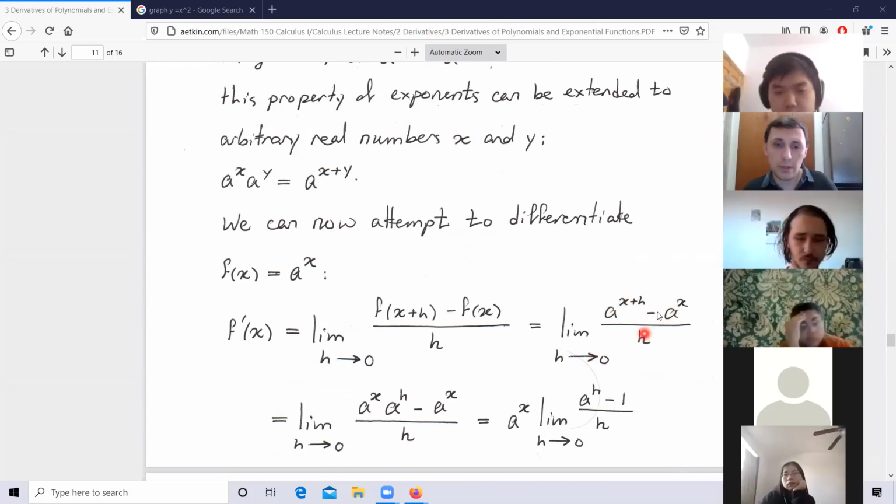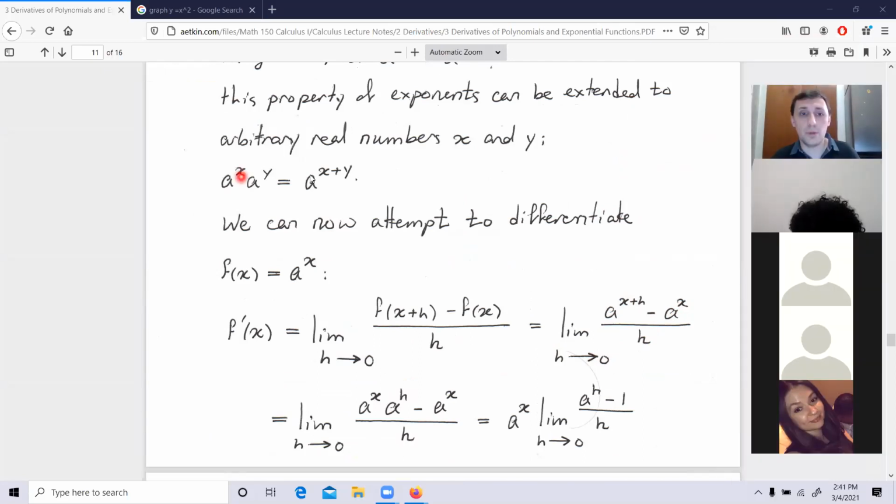Are you so far with me? Now, because it's an exponential function, I have this property. I can write a to the x plus h as a to the x times a to the h. And that allows me to factor out a to the power of x. I factor it out, and I'm left with this limit.